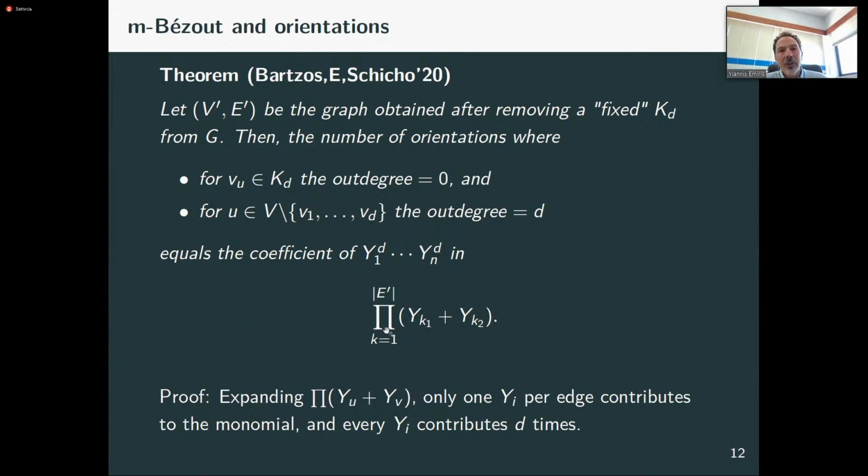Because to expand this expression and look for this coefficient is to use, for every edge, for every pair, only one of the 2 y's, and to use some yi exactly d times in order to build this power. So there's a combinatorial meaning. It says use one of the 2 every time, and a total of d times of them.